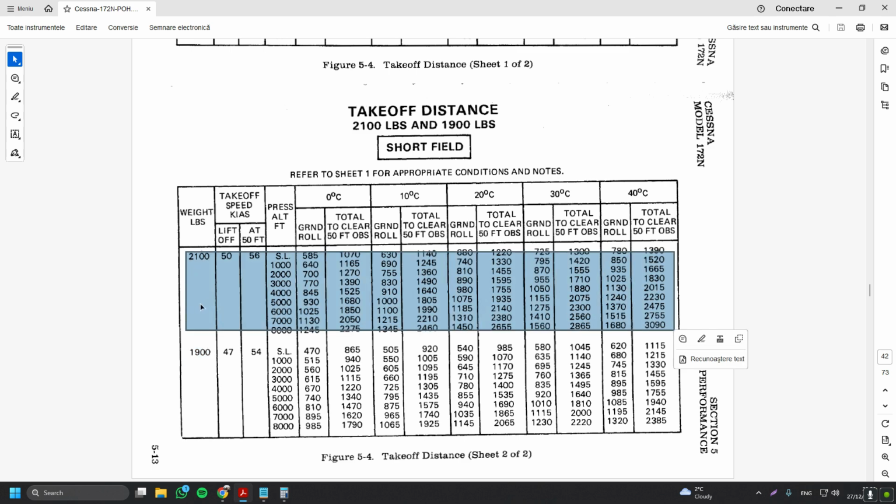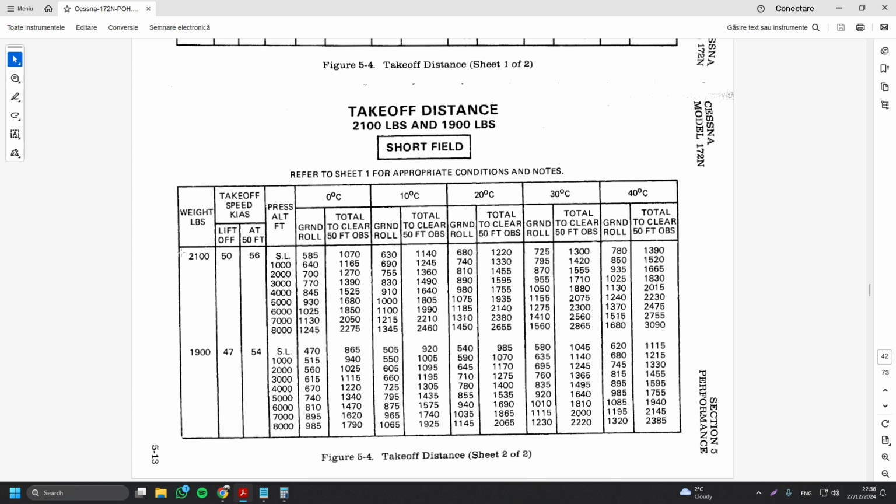So 2,000 is basically right here in the middle. To calculate it for a 2,000 pounds aircraft, we have to take the average between the values of the 2,100 aircraft and the 1,900 aircraft. I'll explain and it will be easier on the way.